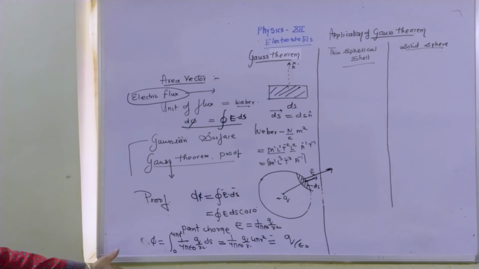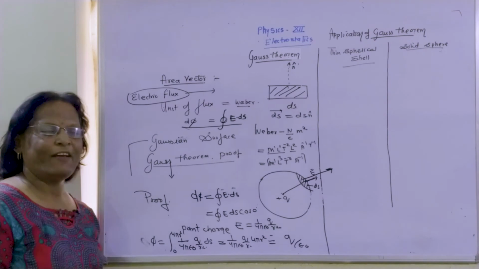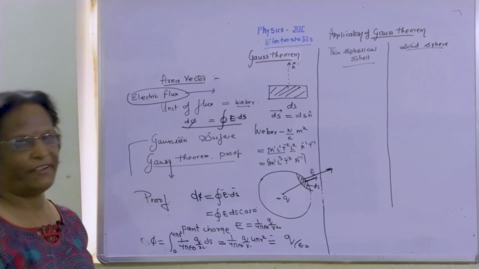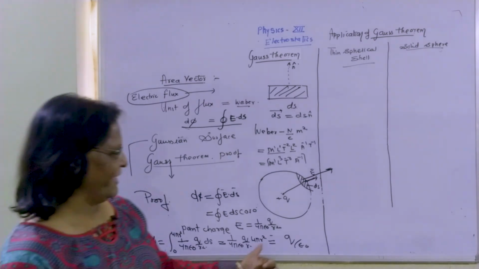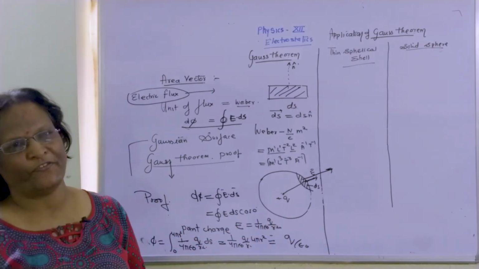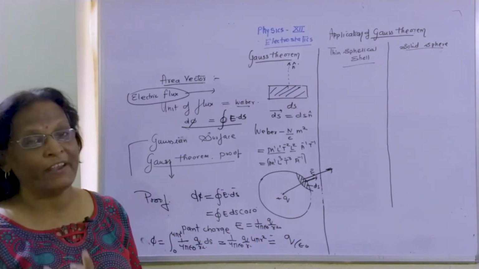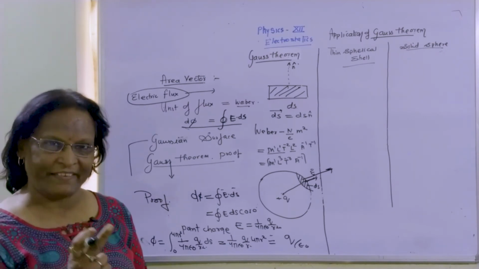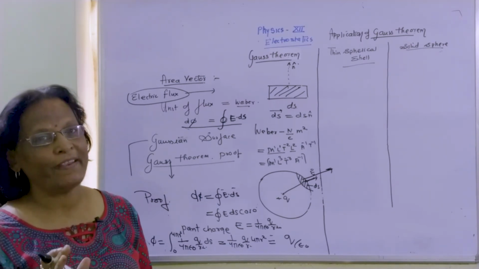Here I have already justified that phi, the total flux for a point charge, that will be 1 upon epsilon 0 times of q, and this q should be enclosed in the surface. One specific fact which has to be revealed now, that this flux is independent of dimensions.